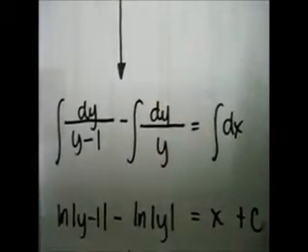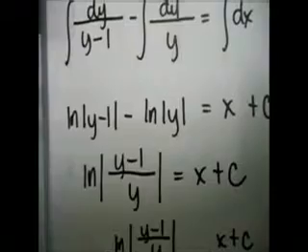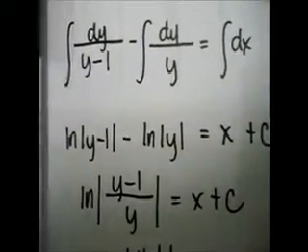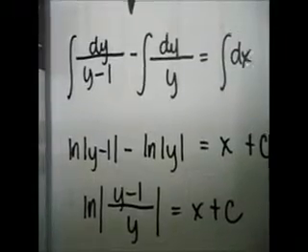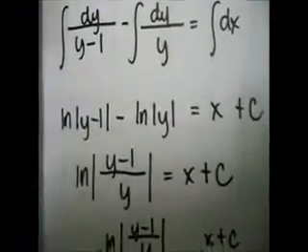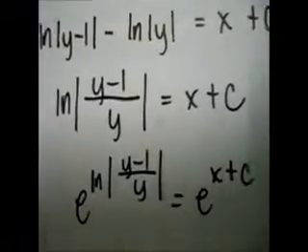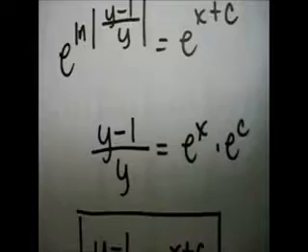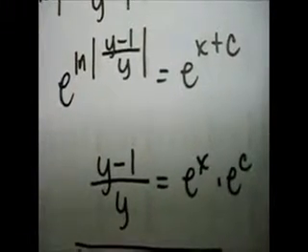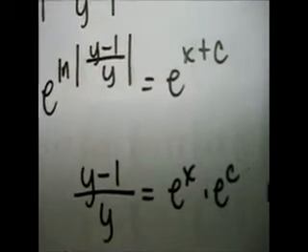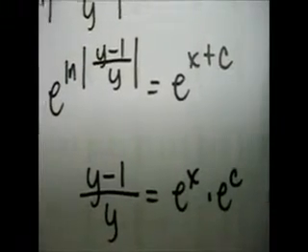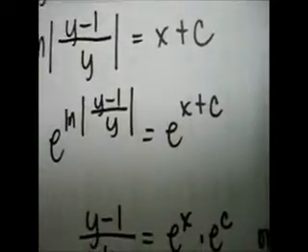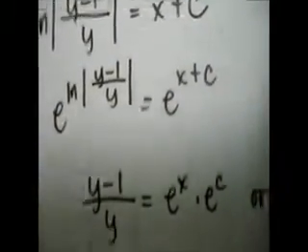So simplifying this further, we have ln of y minus 1 over y is equal to x plus c. So I exponentiate both sides with e. Simplifying further, we have y minus 1 all over y is equal to e to the x times e to the c. They are just equal to e to the x plus c.